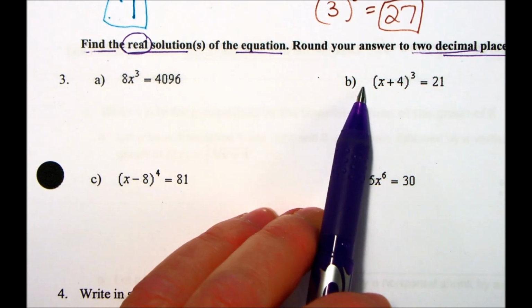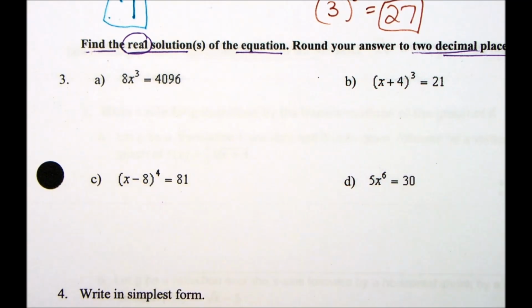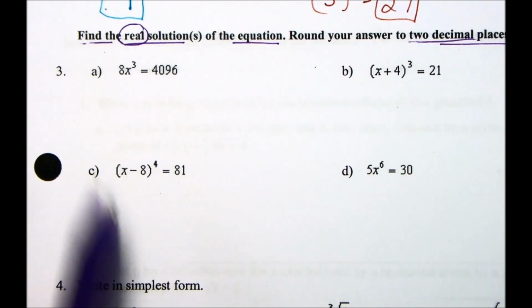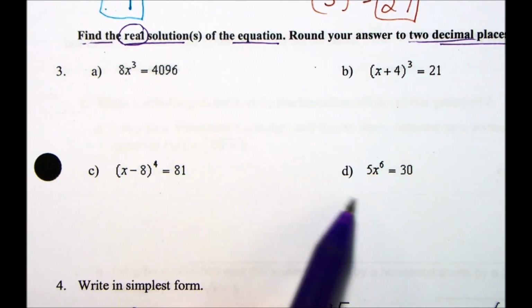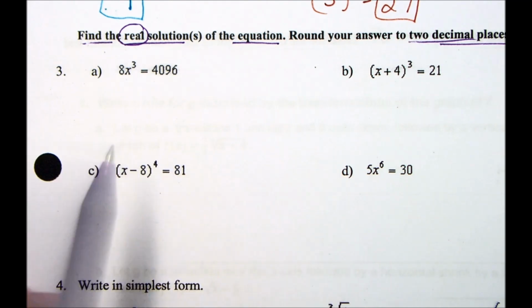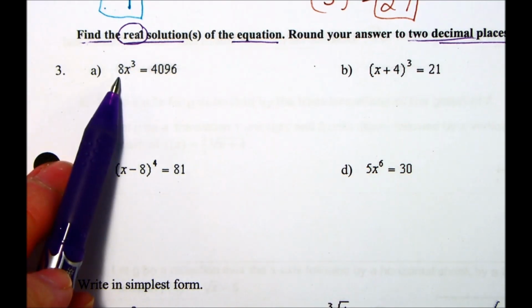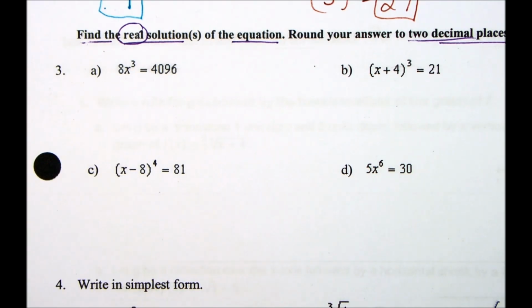However, if there was something in front of it or something added or subtracted after it, you would want to move that and get rid of that first. So it only looks like a couple of these have a number in front that we have to divide first before we get rid of the power. But always get rid of your coefficients before you get rid of the power.